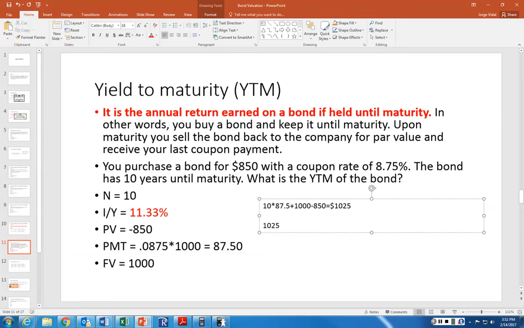Okay. And then if you divide your total dollar return, 1,025, by what you paid for this bond, which is 850, this is equal to 1.21, which equals 121%.